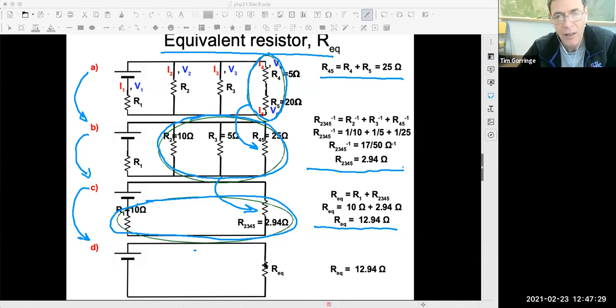Maybe not. I've reduced that complicated 5 resistor parallel series circuit into just this single equivalent resistor across the terminals of the battery. So that's a really great accomplishment. Hope you like it.